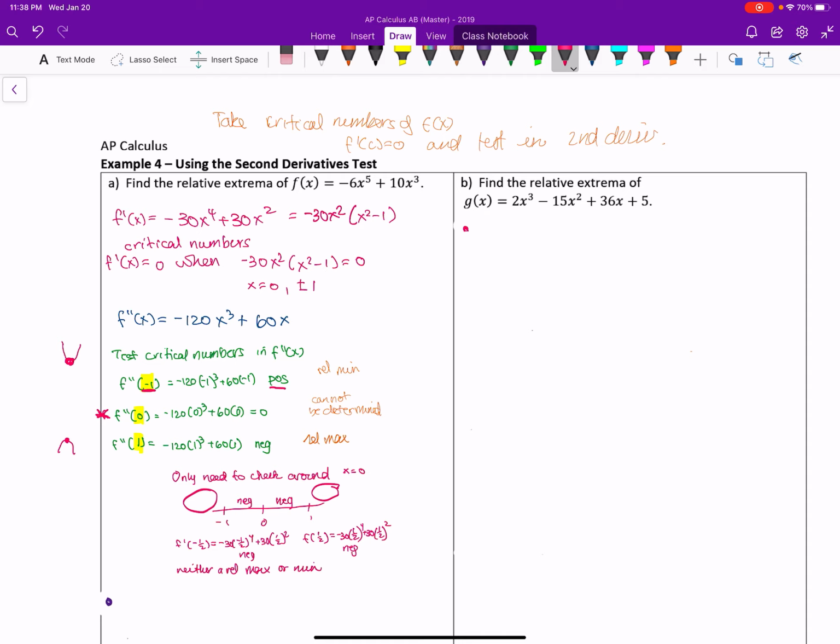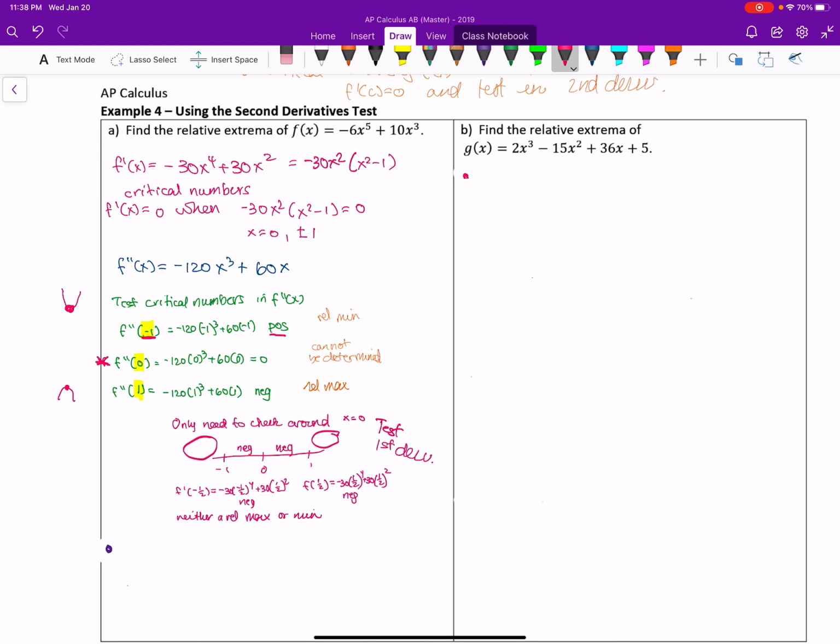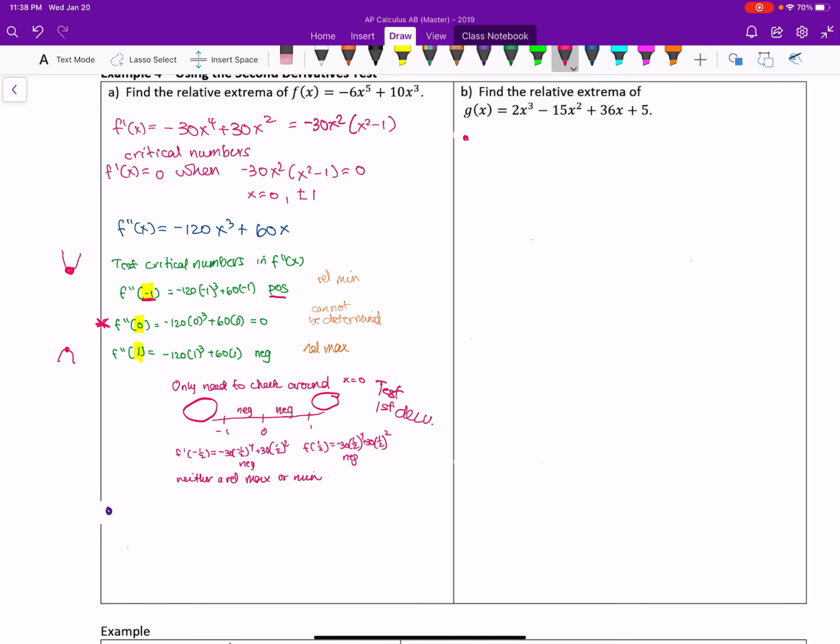And I'm testing in here the first derivative test, but I'm only doing that if I need to. So in this case, I just need to test around that. And it's neither a max or a min at x is equal to 0. So if I'm looking for the extremas, all I need to worry about is at -1 and at 1. Then to find the actual extrema, I have to find the ordered pair.